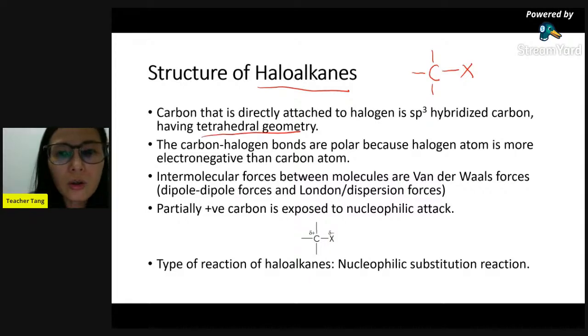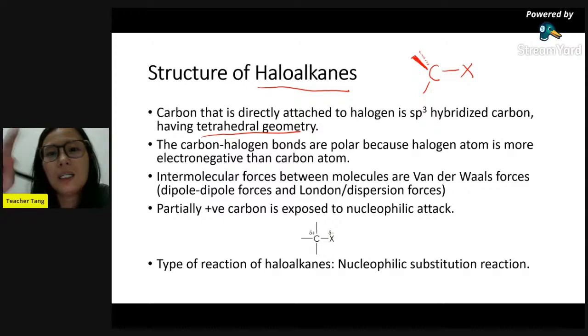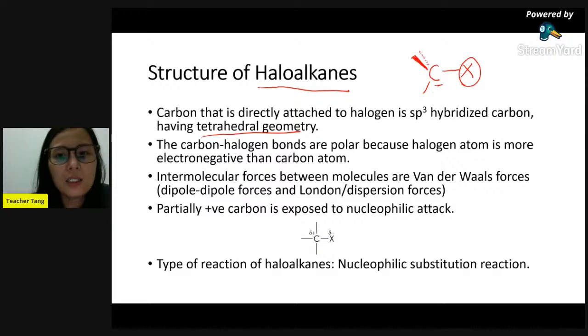Let me draw the tetrahedral shape. Do you still remember the tetrahedral geometry? That is what is meant by the halogen in the haloalkane being attached to the sp3 hybridized carbon.